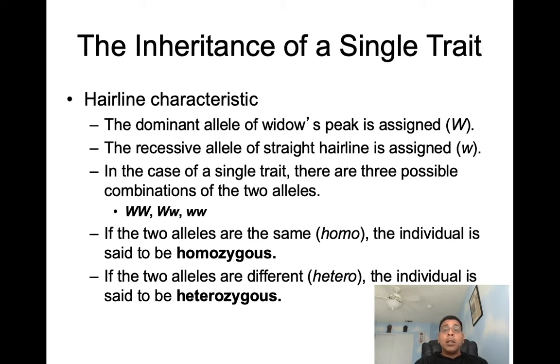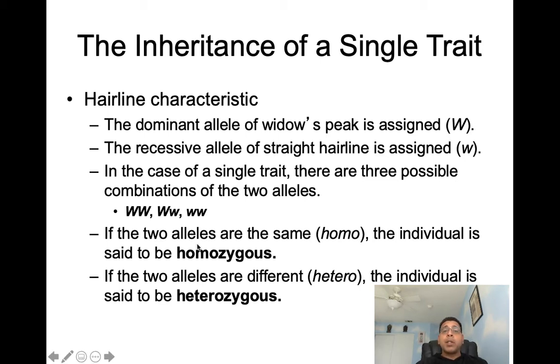So again, in the case of a single trait, like for example hairline or finger length, there are going to be three possible combinations of the two alleles. You can have a capital W, capital W, lowercase w, or two lowercase w's.